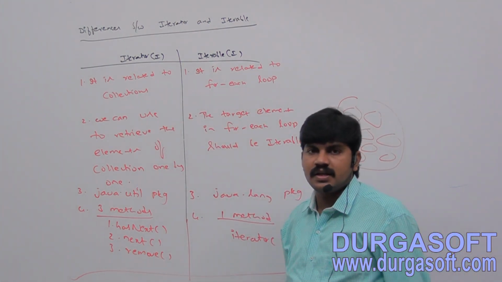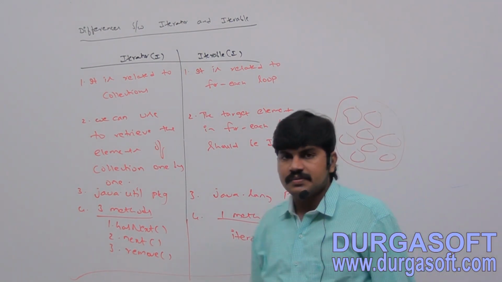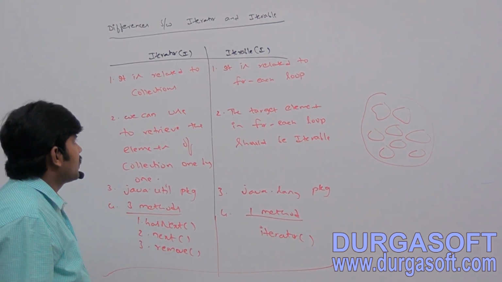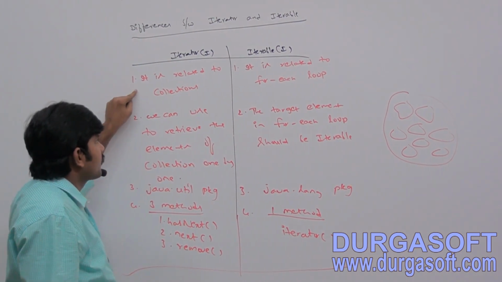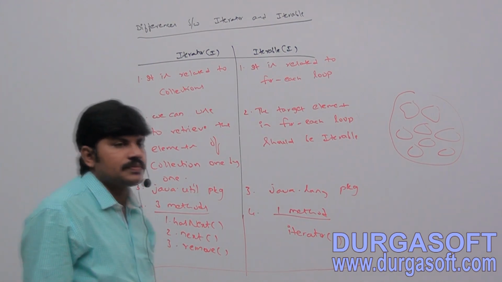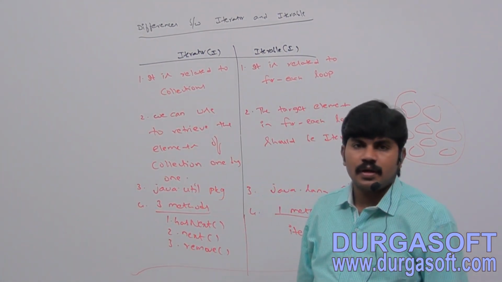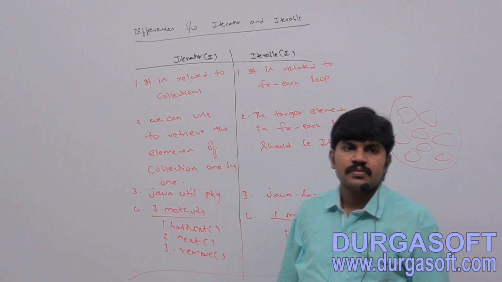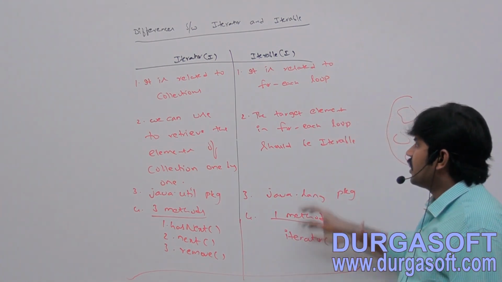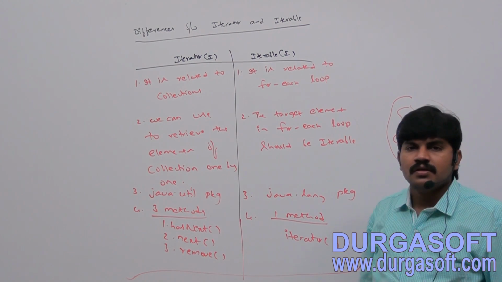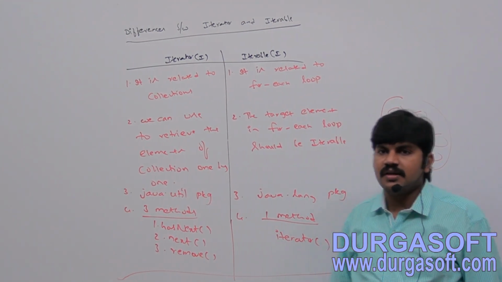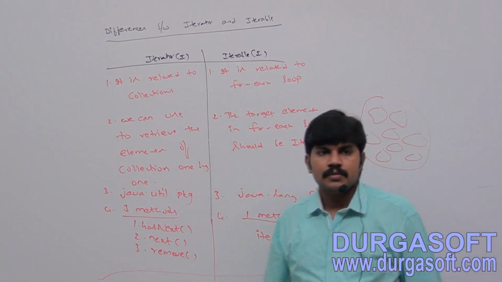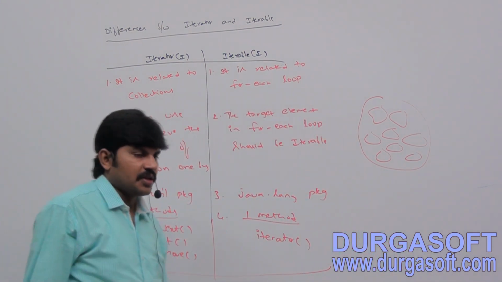Take the table: iterator and iterable. First, iterator is related to collections, and iterable is related to the for each loop.